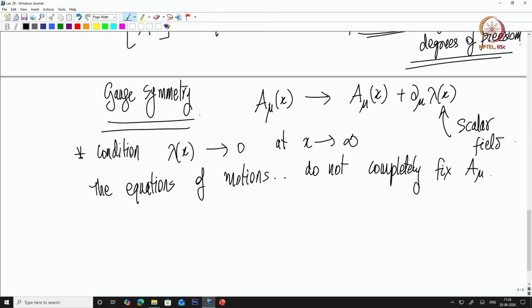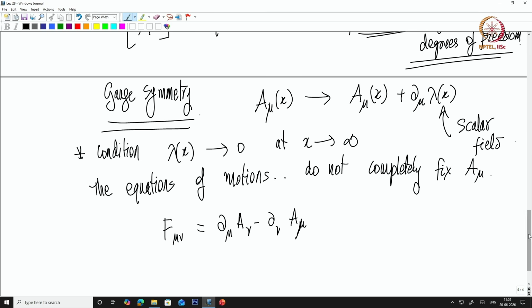You can also see this because of F mu nu. Let us remember what F mu nu is. F mu nu is nothing but del mu A nu minus del nu A mu.